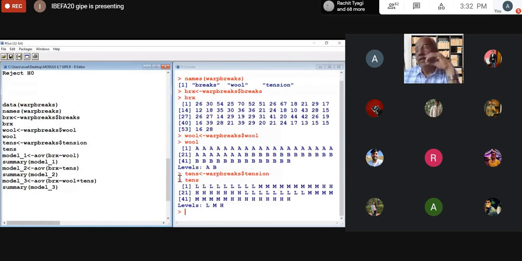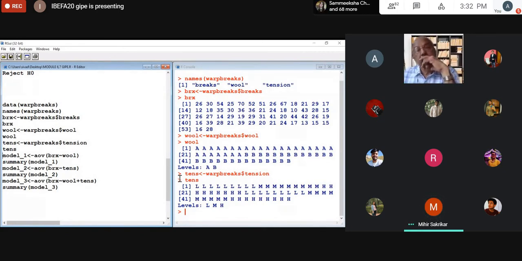Can anyone tell me the nature of the data? The characters of wool and tensile strength, yes. How many types of wool? 2 types of wool, sir. How many types of tension? Tension means pulling the wool until it breaks. 3, sir: low, medium, and high.